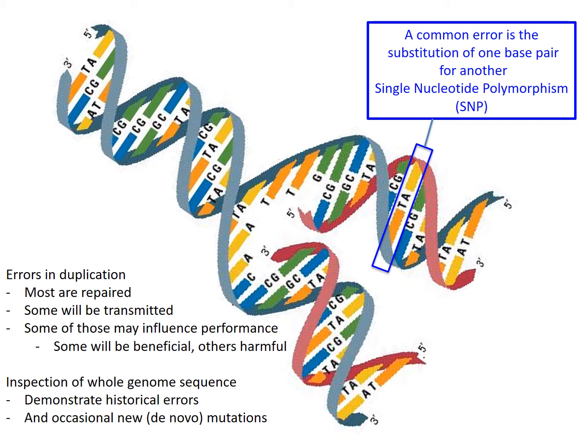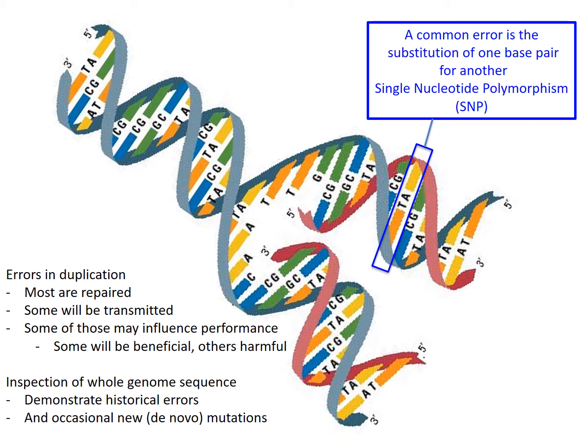So for a chromosome with 100 million base pairs, a mistake would be made about every 100th base pair. So about 1 million mistakes would be made. And a common error is where one of these base pairs gets substituted for another base pair. That's what we refer to as a single nucleotide polymorphism, or a SNP.